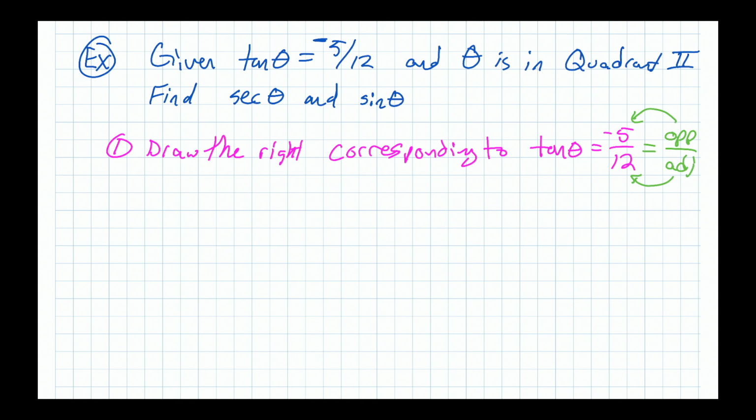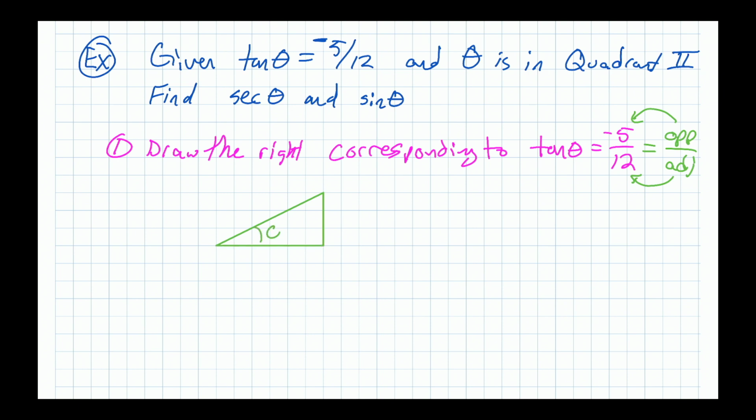Now, normally you wouldn't label the side of a triangle as negative 5, so you don't need to. You can just label it as 5 if you want. It's literally not going to make a difference in the problem because we're going to get the sign from unit circle trig anyway. So if you want to write negatives, write them. If you don't, just throw them out and it'll be fine.